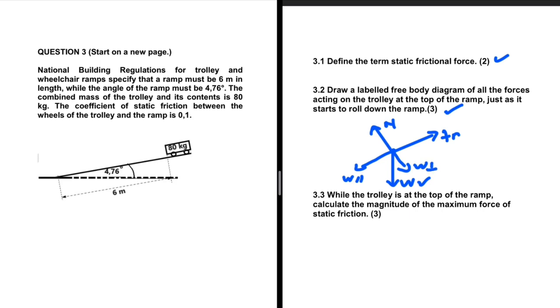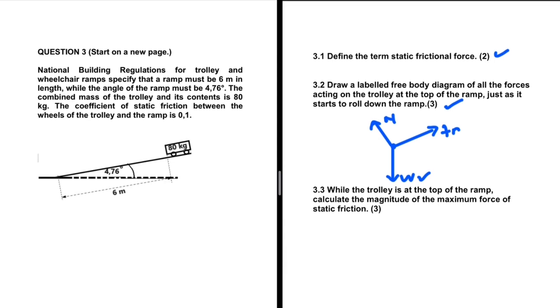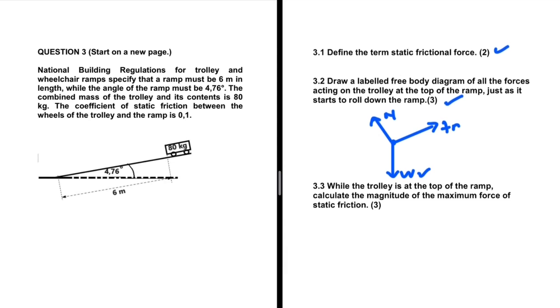By looking at this, you can see clearly that the weight parallel is down the incline, and the trolley will be moving down the incline because of that force. There is no other opposing force, so it will move down the incline, right? So that is why we are saying that frictional force is up the incline, because weight parallel is down the incline, and it's the only force that is doing work on our object down the incline or along the horizontal axis.